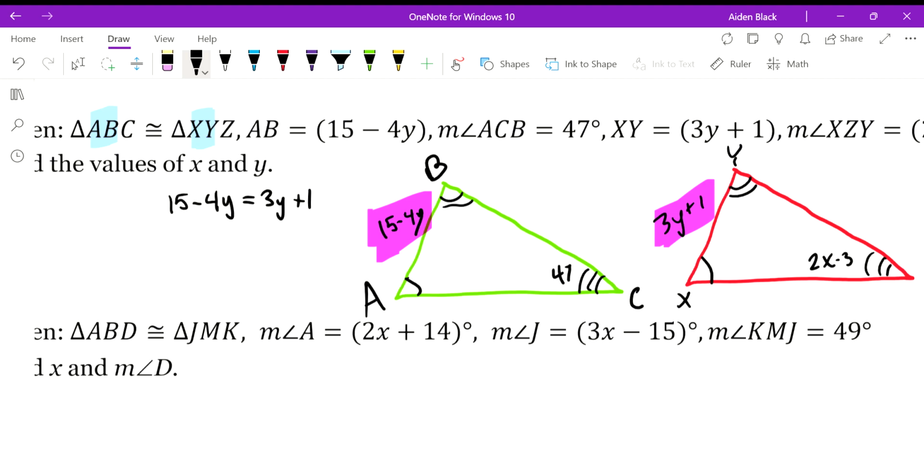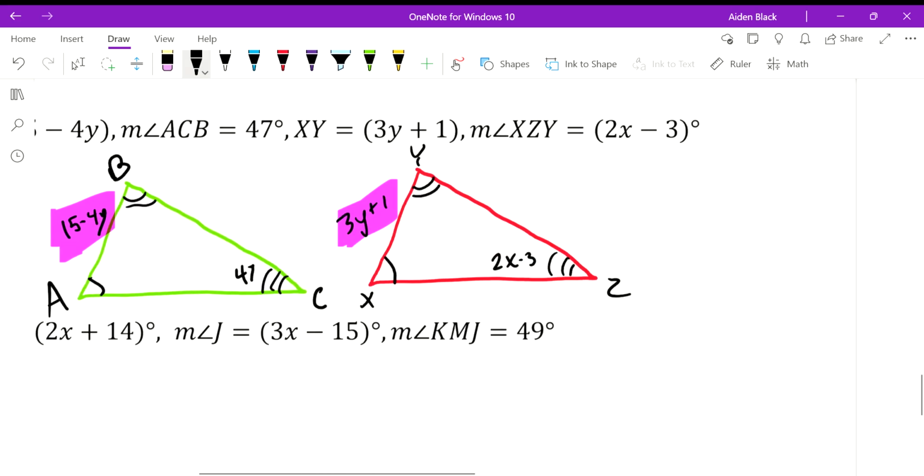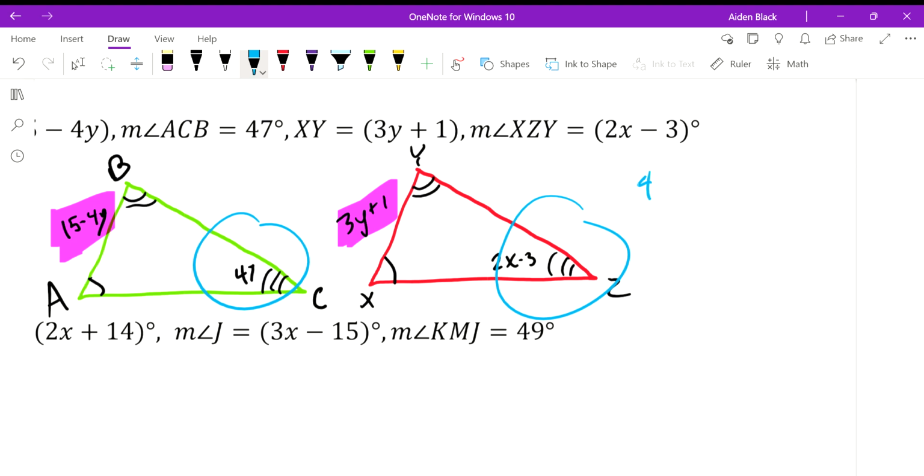Look at that, we only have one variable in this equation, so we can solve it immediately. The other one, we notice that these angles are congruent right here. This one and this one, so we know 47 is equal to 2x minus 3. Okay, and that has one variable, so we can just solve it right away.